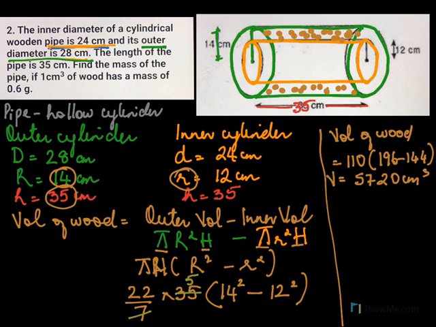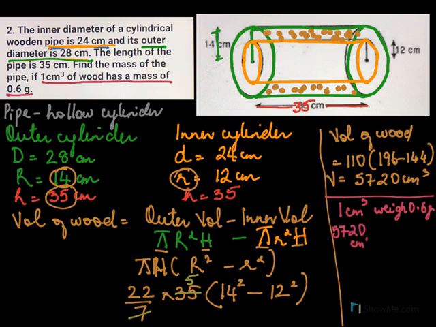Now we have the second part of the sum. 1 centimeter cube of wood has a weight of 0.06 grams. So this second part is to find the weight. So 1 centimeter cube weighs 0.6 grams. How many centimeter cubes do we have? 5720 centimeter cube.